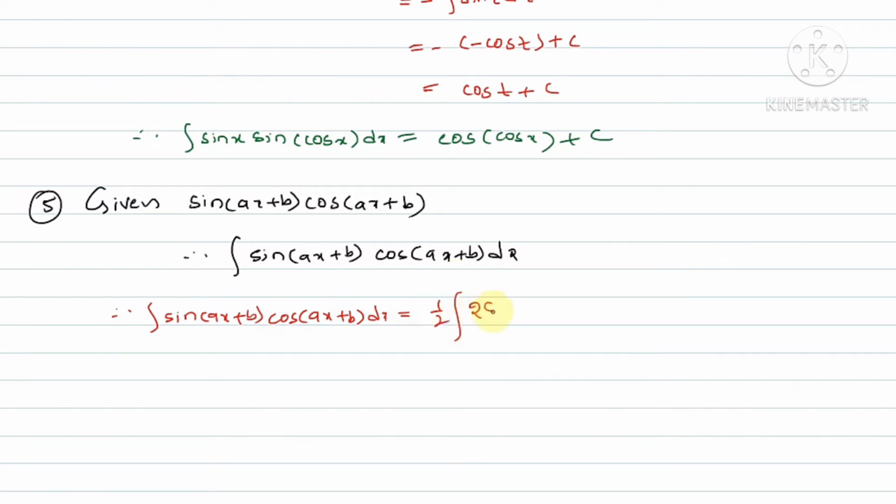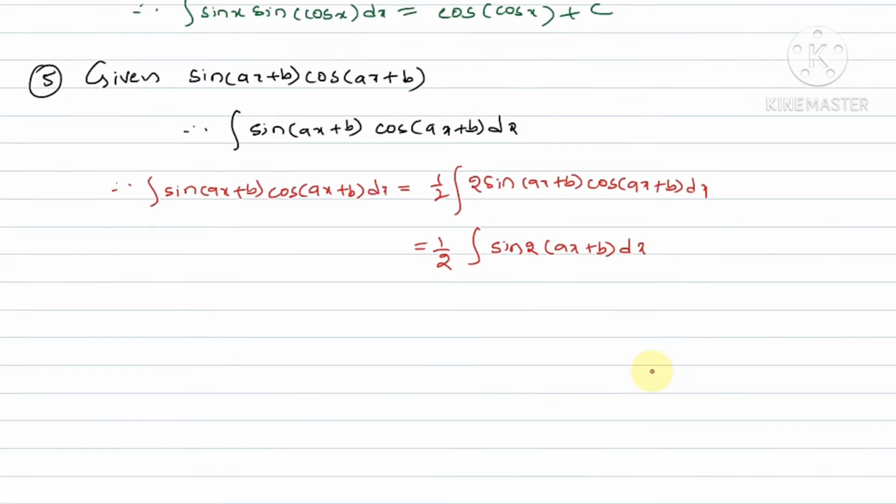This will be 1 by 2 into the integral of 2 sin of (ax plus b) cos of (ax plus b) dx. This is like 2 sin theta cos theta, which is sin of 2 theta, so sin of 2 into (ax plus b) dx.